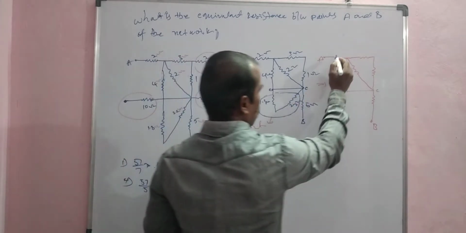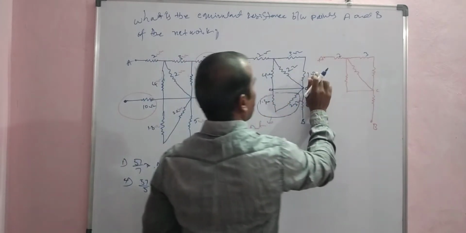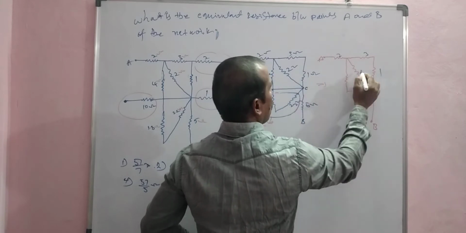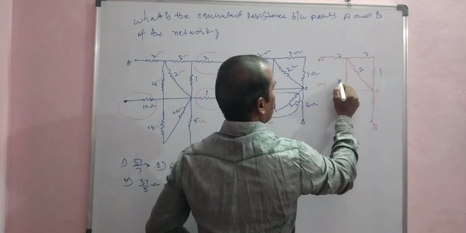Now these 2 ohms, this 3 ohm, this 1 ohm, 2 ohm, and 4 ohm.